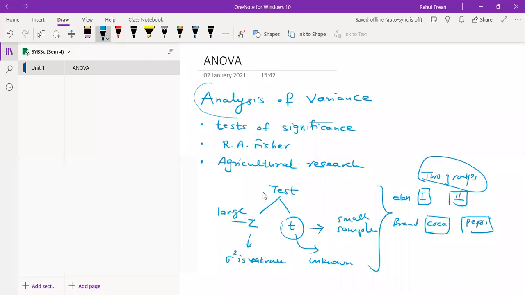We can't use the Z test and T test. Z test and T test are only applied when we have two groups of populations. Then you can always go for Z test and T test.